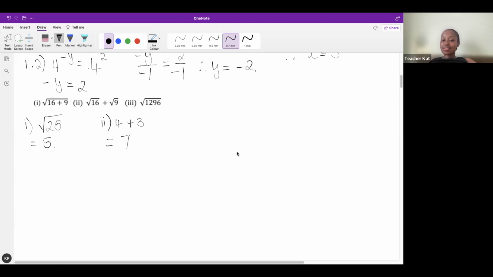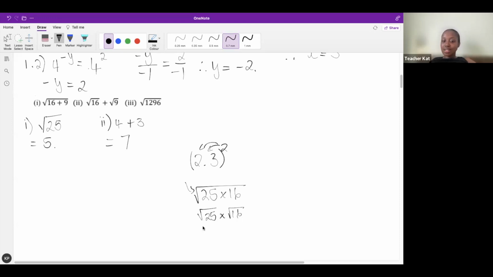Dividing. Is that not the same as the distributive law? Do you guys remember we said if you have 2 times 3 all squared, you're allowed to distribute this guy? In the same way, if you have a big square root here that says 25 times 16, you are allowed to distribute this guy. So you're allowed to say the root of 25 times the root of 16.